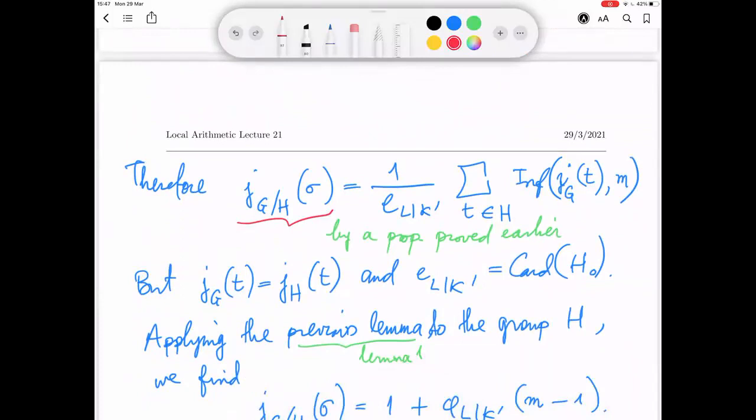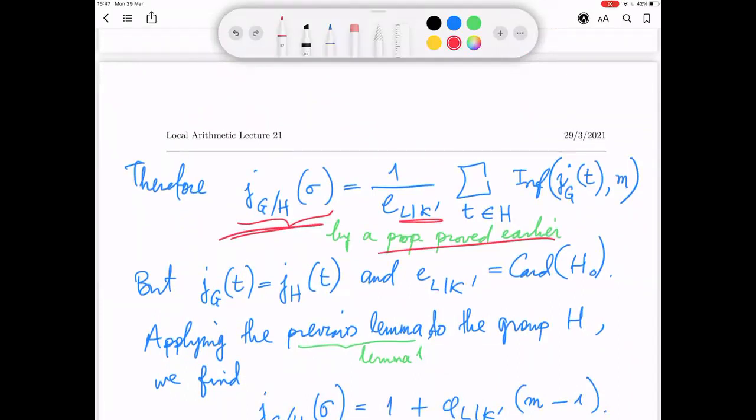We had proved last time a formula for this thing, yeah? This is a proposition which I proved earlier, that it's 1 upon the ramification index of L over K prime, and K prime is here, it's the fixed field of H, and then this thing here.